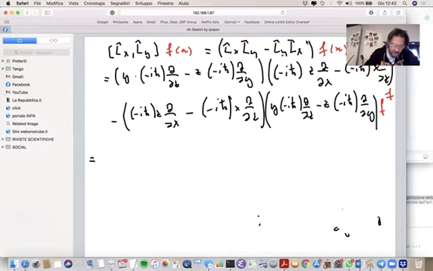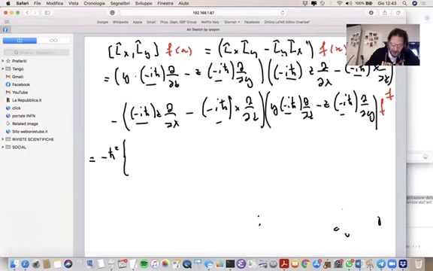I can collect all these negative iħ factors that appear everywhere. There are two of them in each product. So this is going to be negative ħ squared, and then I put the graph.